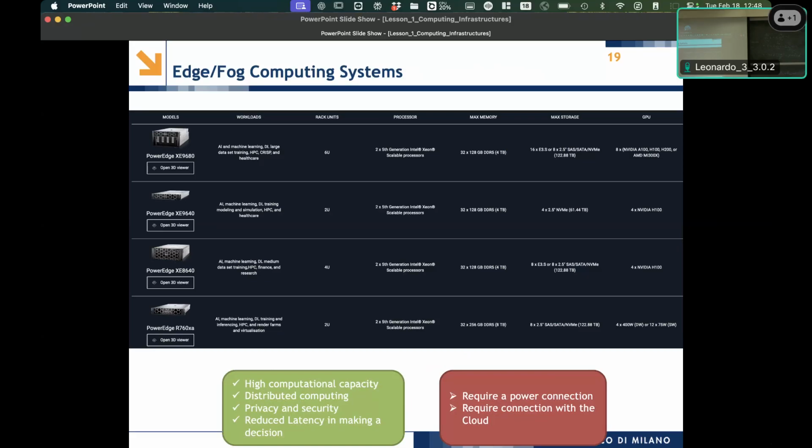The computation is more distributed because there are solutions where you don't really plug this device on data centers, but you put it on premises.